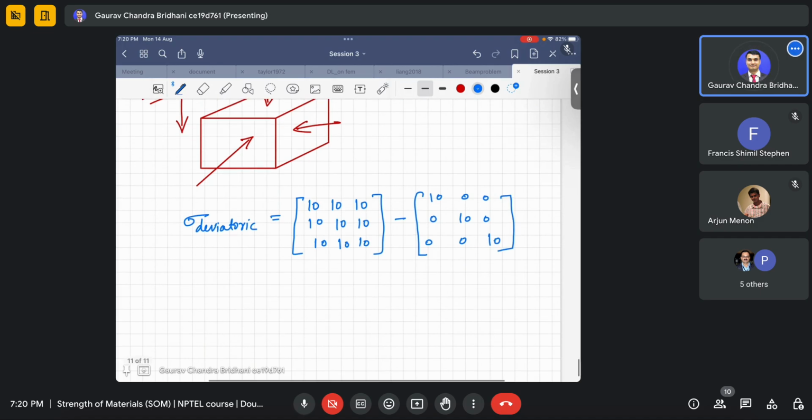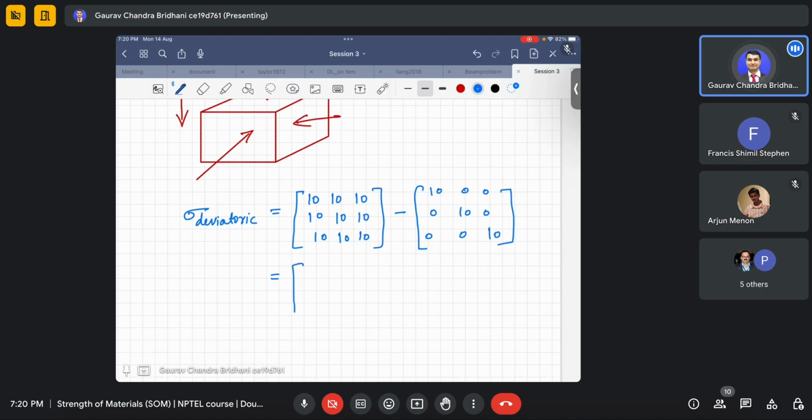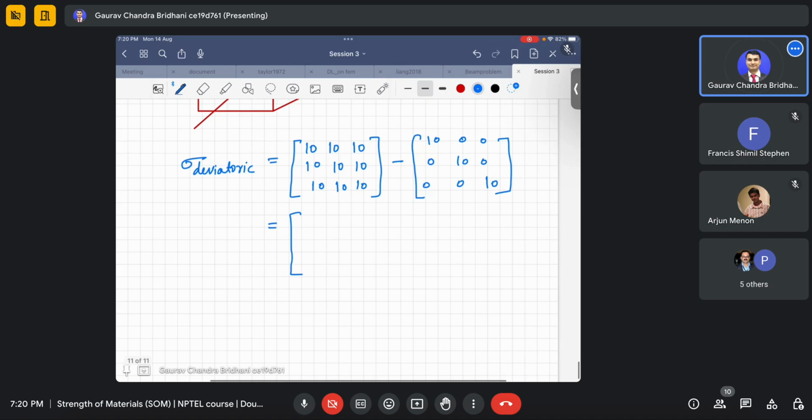If you subtract these two, the answer will be 0 10 10, 10 0 10, 10 10 0.